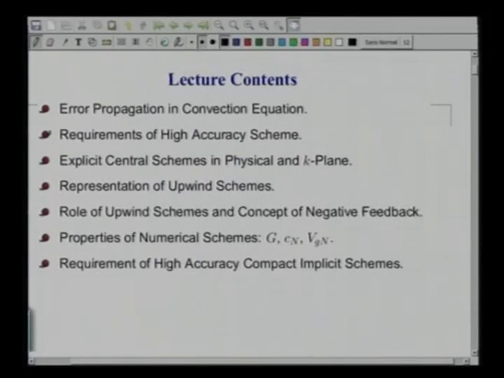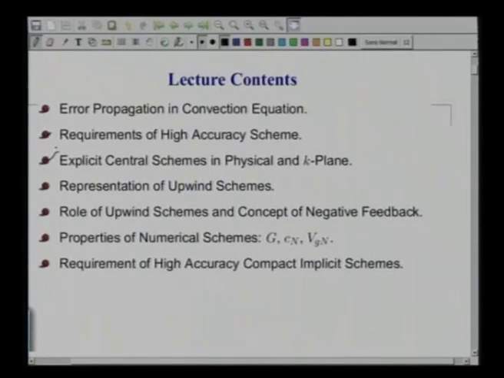And once that is discussed, we would move over and look at certain explicit central schemes. We will look at it from the physical plane point of view as well as in the spectral plane. The spectral plane will be indicated by the wave number k, and having done that, we would try to talk about upwind schemes.